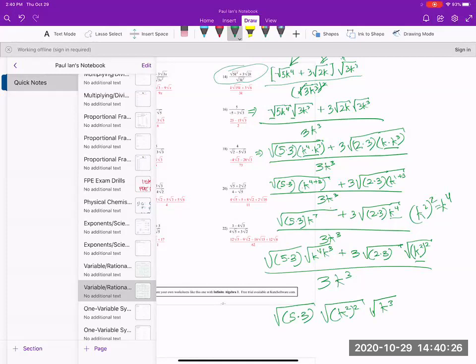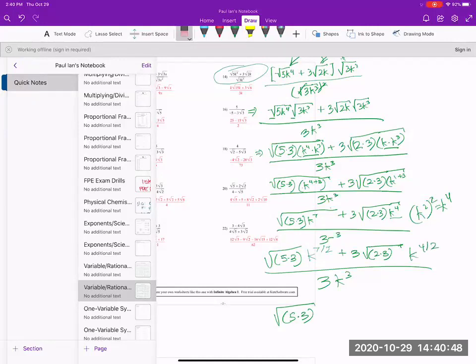Let me think. Oh, actually, hold up. What are we doing here? Why don't we turn these into fractions? k 7/2 and k 4/2. There you go.